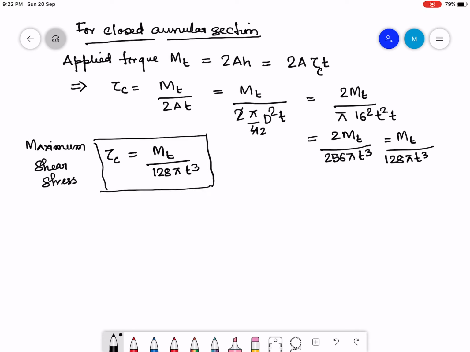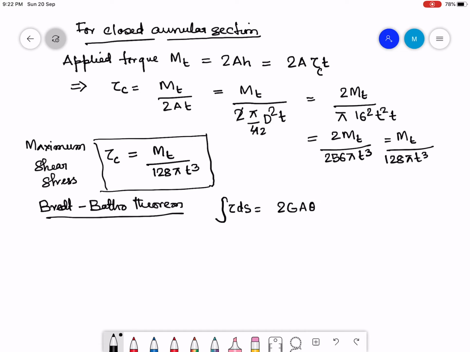So now we have to find out the next part, that is the rate of twist. To find out the rate of twist angle, we have to use the Bredt-Batho theorem, which states that the integral of tau ds is going to be 2GA into theta.